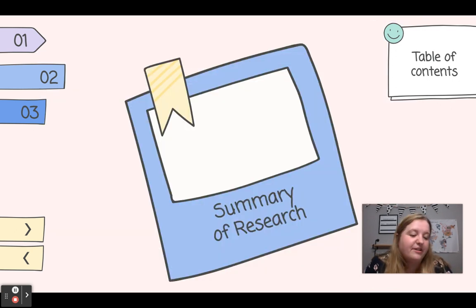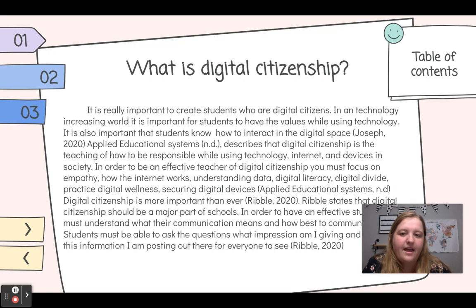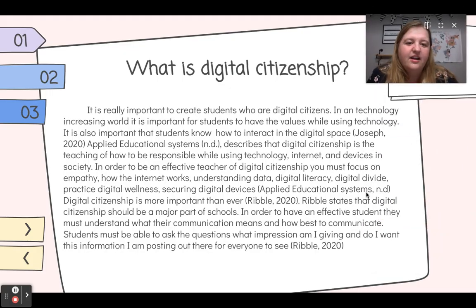So here is the summary of my research, the research that I have behind the curriculum and goals needed. I'm not going to read it to you, but here is what digital citizenship is.